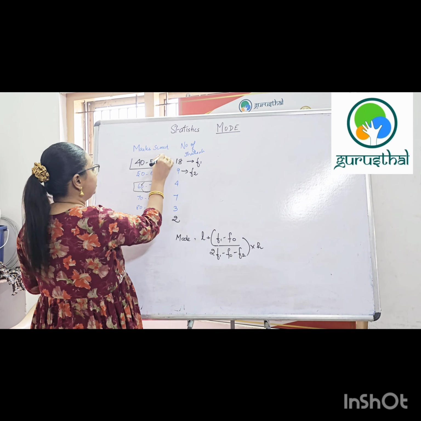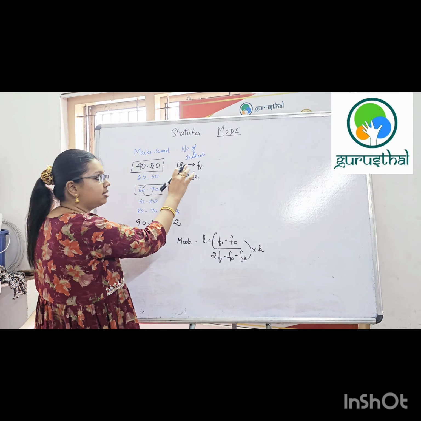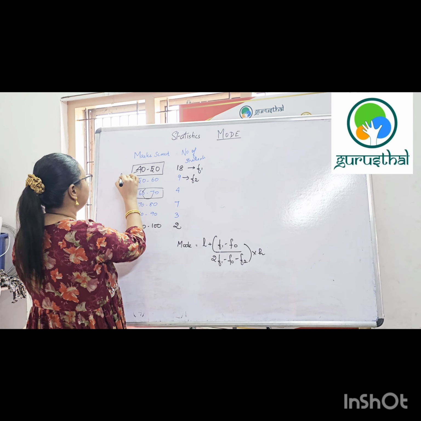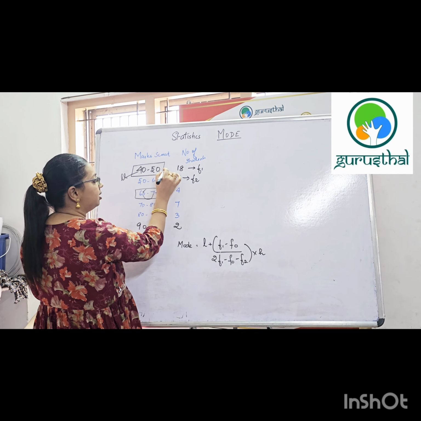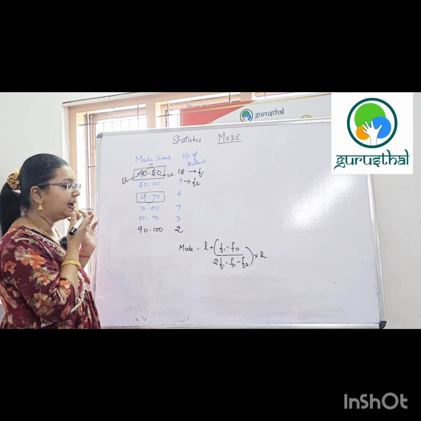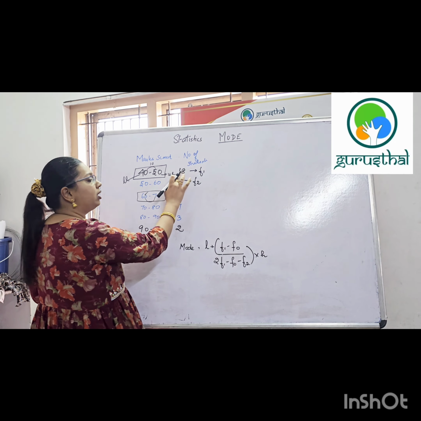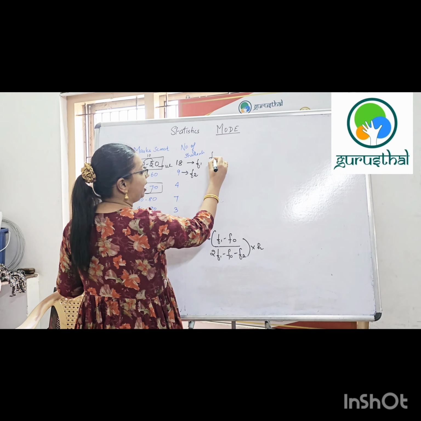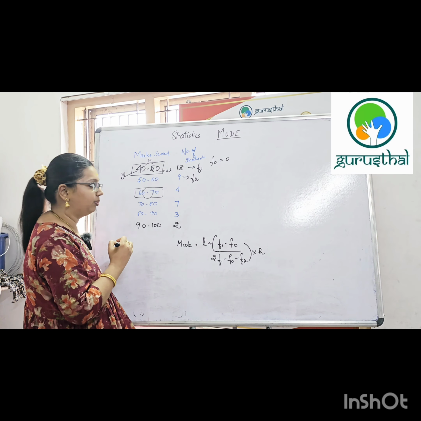My class interval is 40 because the highest frequency is falling in this class interval. So this becomes my lower limit and this becomes my upper limit, and my height is 10. So what is my F0? That is the question. F0 is nothing but we have to take it as 0.